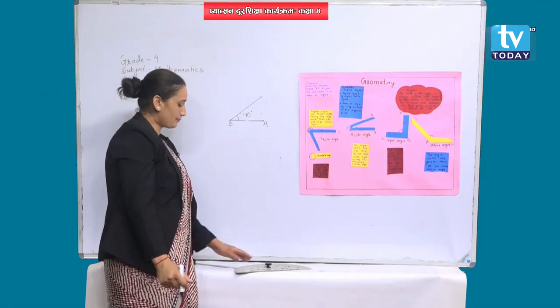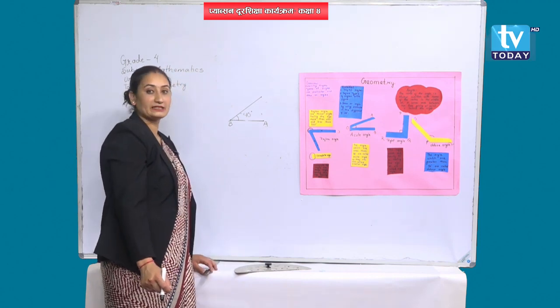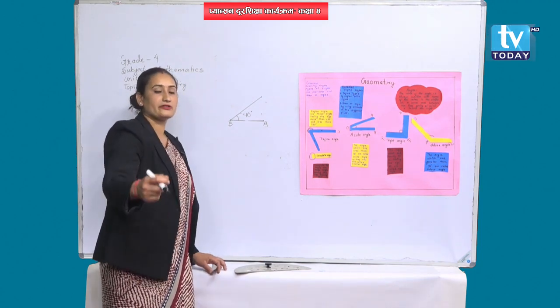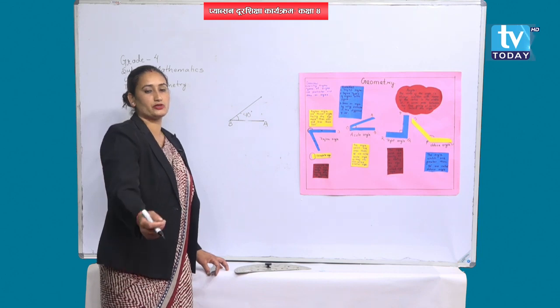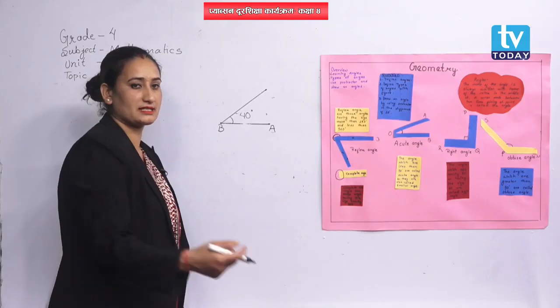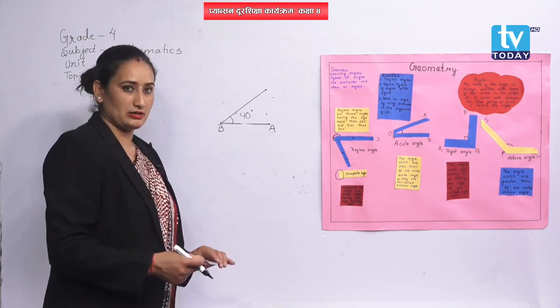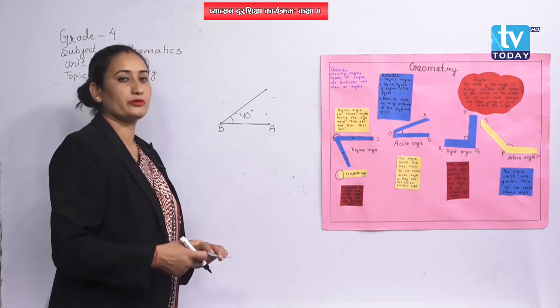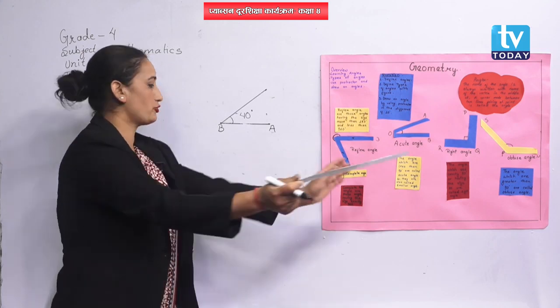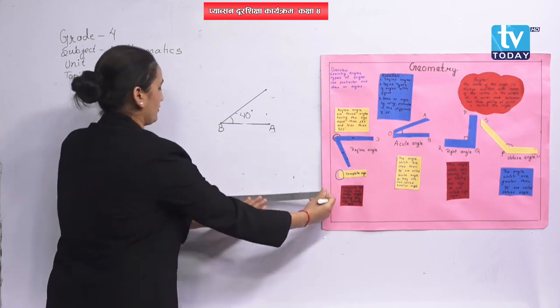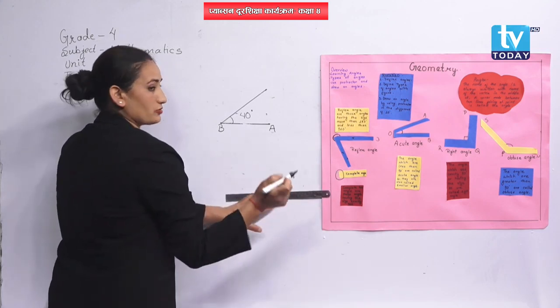Done. Same as here, you can do 90 degrees. For 90 degrees you have your set square in your box. You can use it. In the next classes I will show you how to use the set square also. For right now you are using a protractor, so I will teach you with the protractor. For 90 degrees also, do the same way.